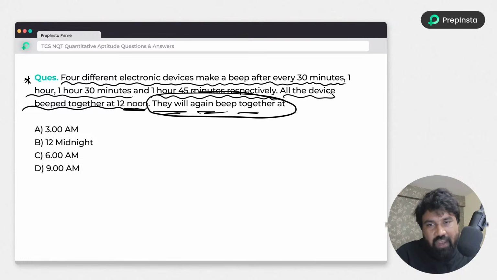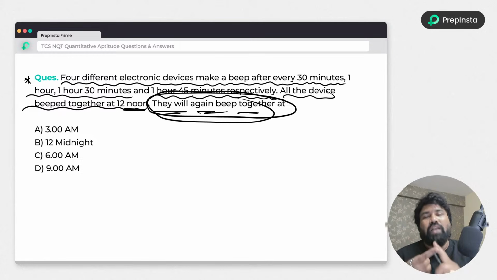Remember, when you say again, they will meet together, they will beep together, or traffic lights. For example, the green light will appear every 1 hour, the red light every 2 hours, and the yellow light every 3 hours. Like that, all 3 lights will again glow when. All of these types of problems are LCM.